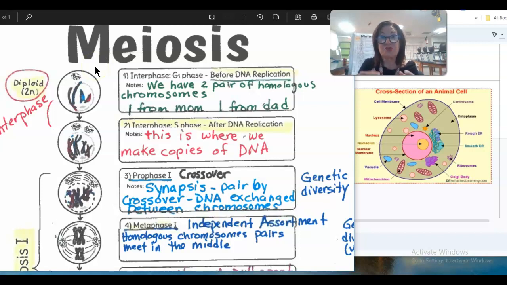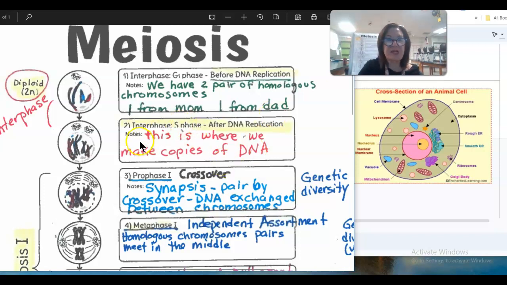So it's 2N because it has all the chromosomes it needs, right? And you can see interphase G1. This is before DNA replication. And we have 2 pairs of homologous chromosomes, one from mom and one from dad. So in humans it would be 46 chromosomes because 23 came from mom, 23 came from dad, and then they come together.